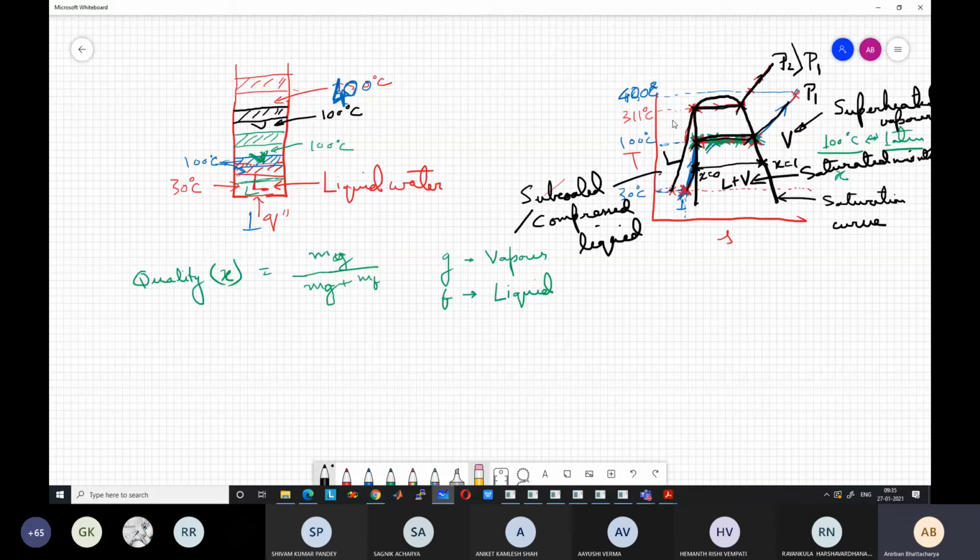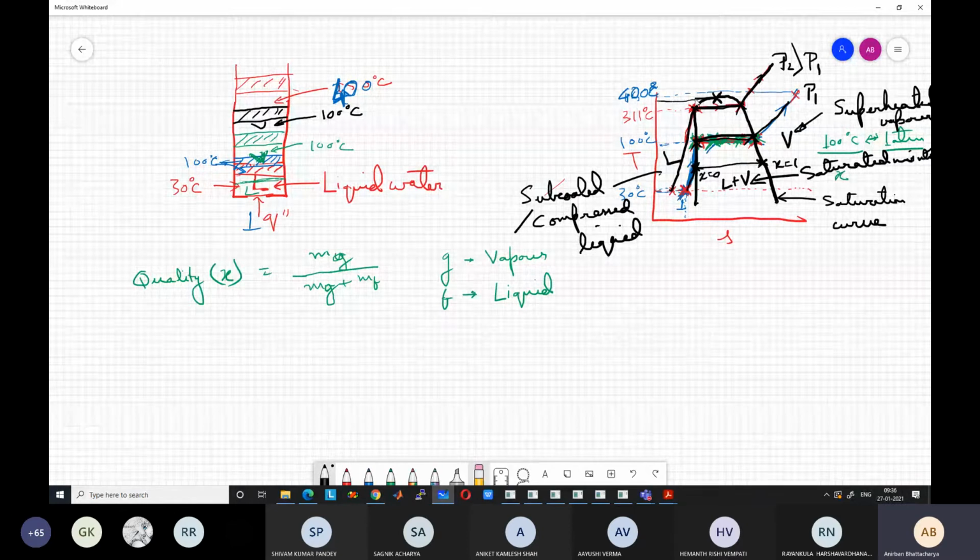If you go to a very high pressure, there is no distinction between the vapor and the liquid at all. The molecules are so close to each other that the vapor and liquid both behave in a similar manner. This happens at a point known as the critical point, where there is no distinction between the vapor and the liquid.